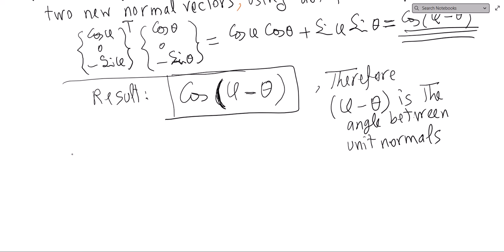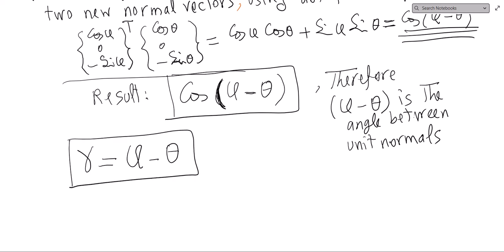Let's call this angle gamma. Now, realize here that if phi is equal to theta, gamma is 0.